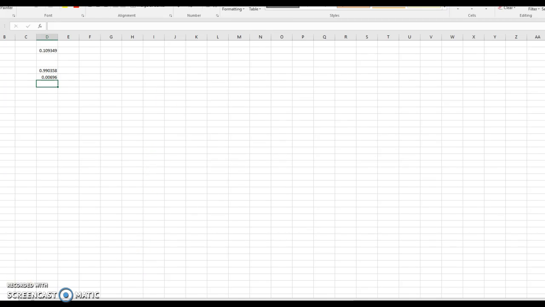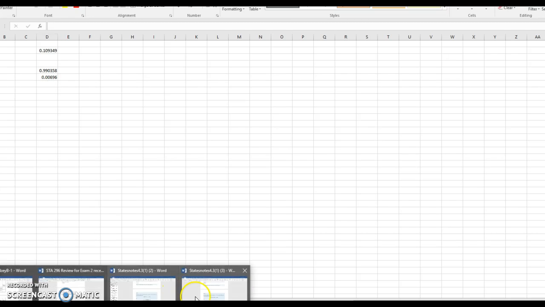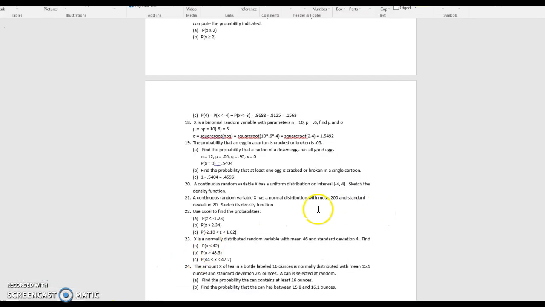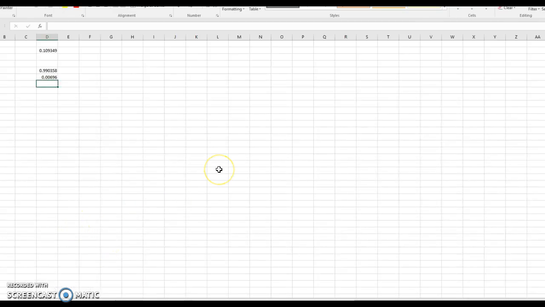Now, I hope I don't run out of time on this last one, but we'll go ahead and do this if we can. All right, so now we want to find the probability that Z is in between two values. So we need to find this probability using our formula and this probability, and then subtract the two answers to get a value in between. So 1.62 I'll do first.